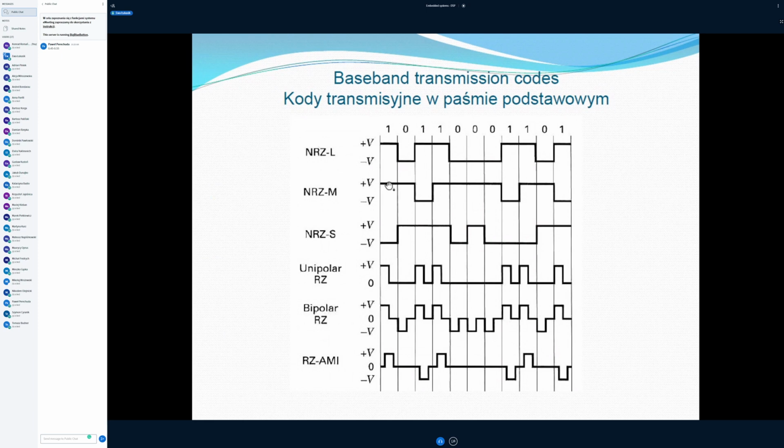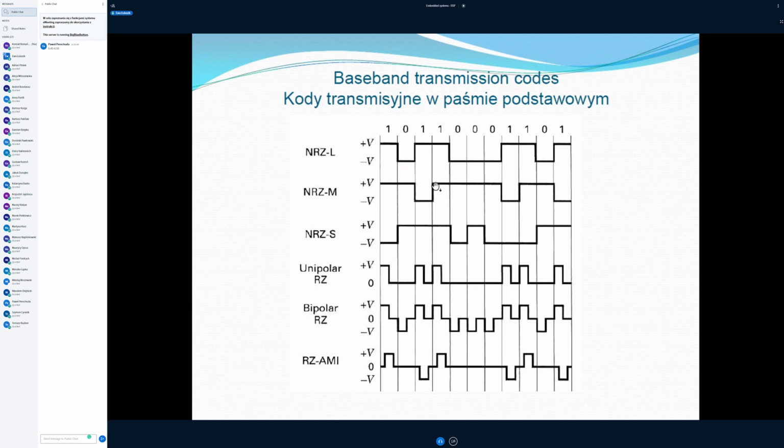So if we had here 1 and 0 and 1 and 0, in the moment of this change we have again 0 and 1, and again a change.